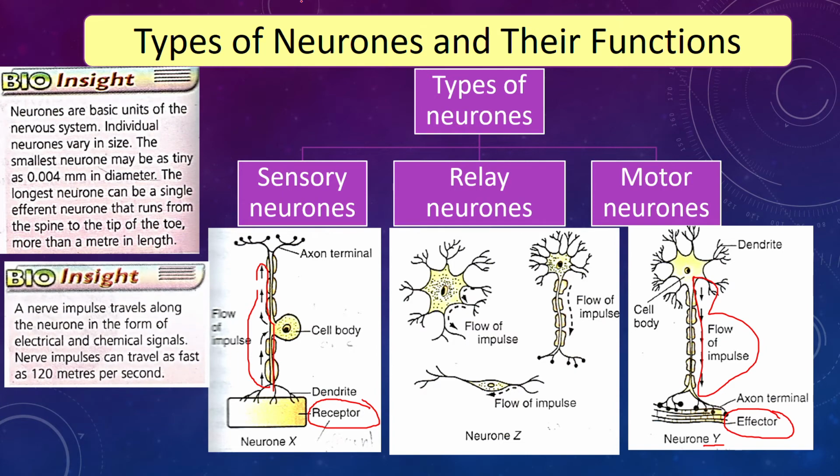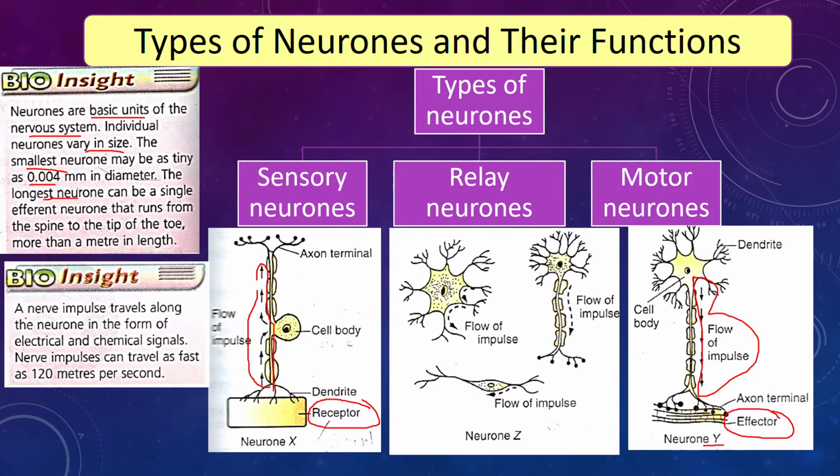Okay, so some bio insight over here. It says that neurons are the basic units of the nervous system, where individual neurons vary in size. The smallest can be as tiny as 0.004 millimeter in diameter, and the longest neuron can be a single efferent neuron ataupun motor neuron ini that runs from the spine to the tip of the toe, which is more than a meter in length.